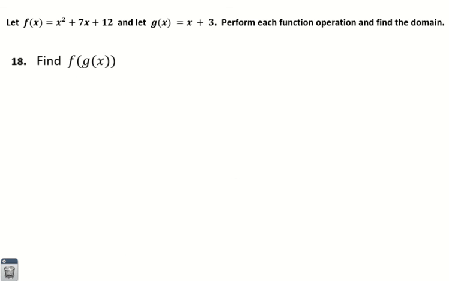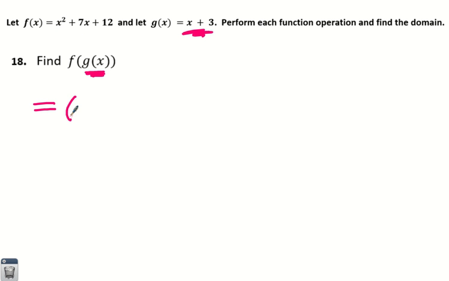Number 18. Okay, here we go. So now we're not going to plug in 7 in for f, we're not going to plug in 12, we're going to plug in the g function. For example, if I would have wanted you to do f of 3, then it would have been 3 squared plus 7 times 3 plus 12.